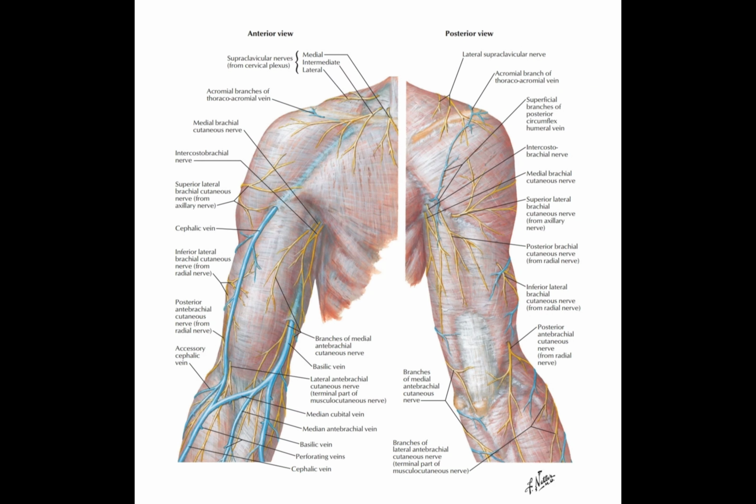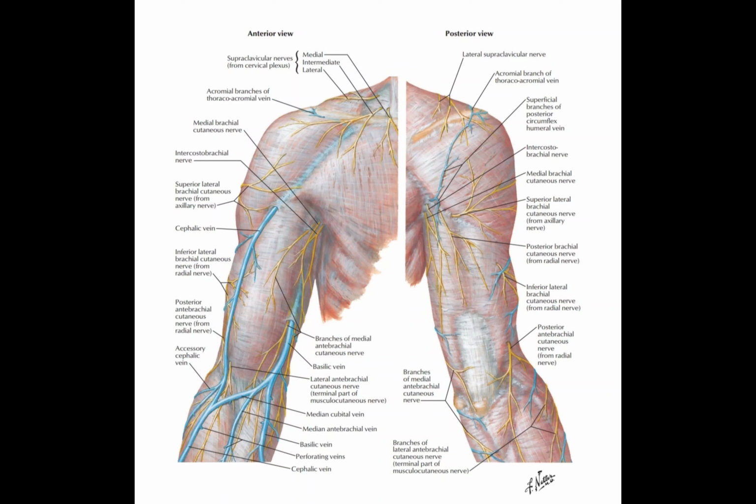The basilic vein ascends upward and in the axillary region it is named the axillary vein, and the cephalic vein ascends laterally and pierces the clavipectoral fascia and then it also drains into the axillary vein.